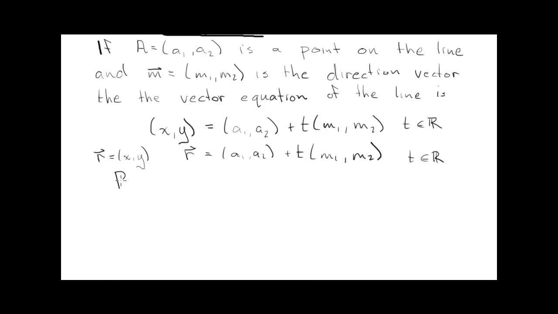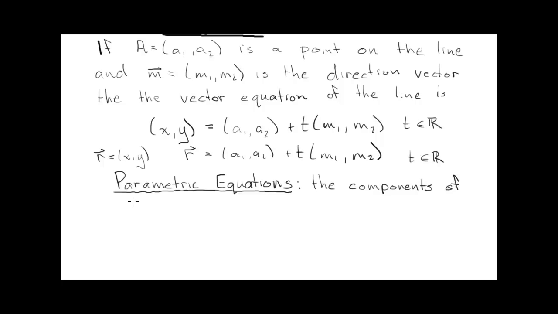This also leads to the concept of what we call parametric equations. Parametric equations, very easy if you understand vector equations, are just the components of the vector equation. So in R2, there's two components, right?